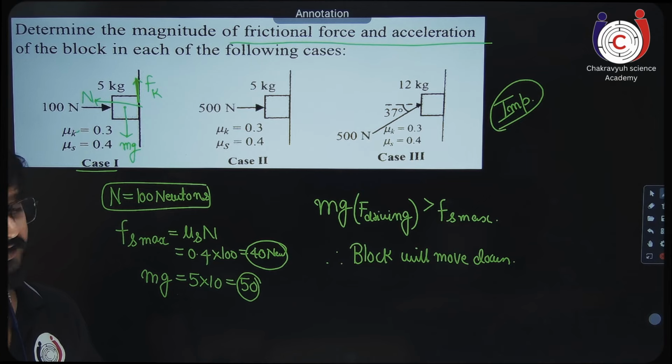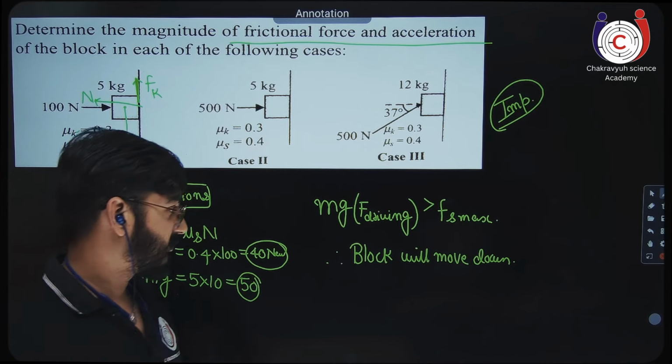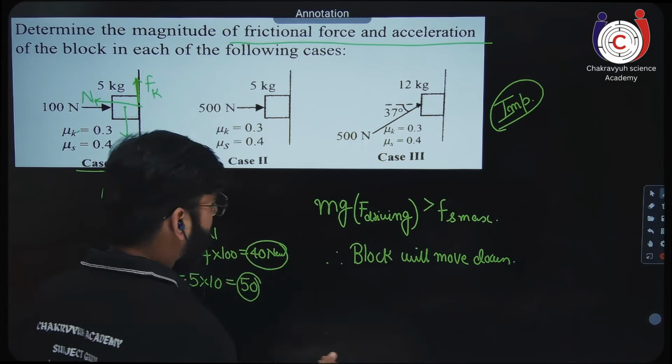It was not moving because the string was there. In the previous question, the block was trying to move because you applied a force greater than Fs. But that string was making sure that acceleration is zero. So this block will move down.